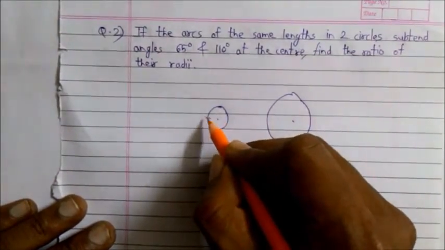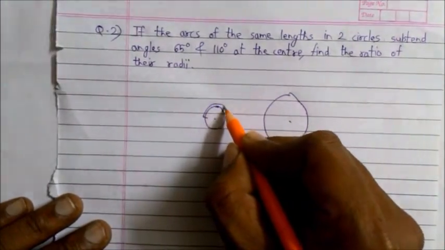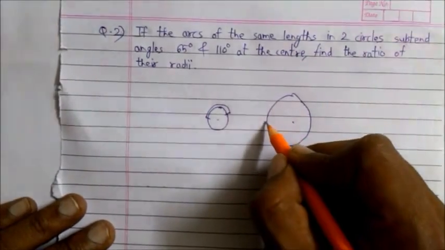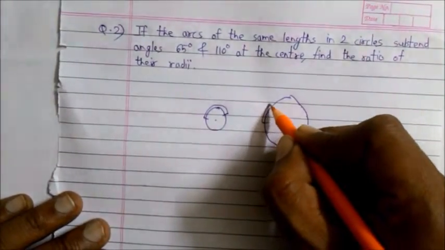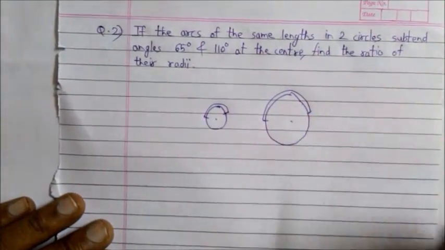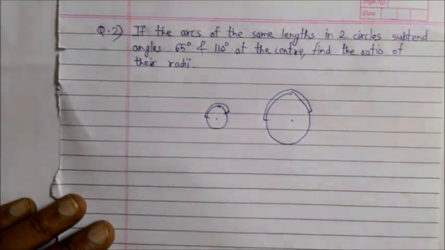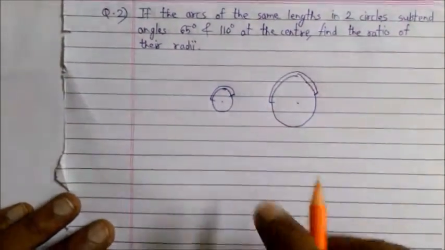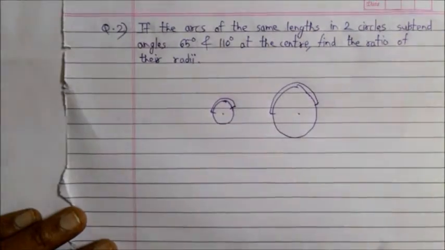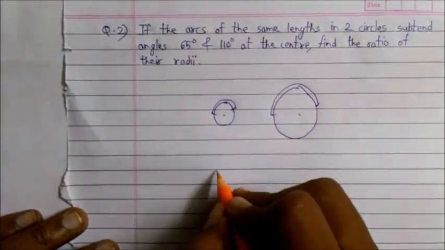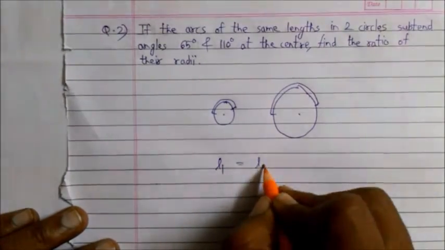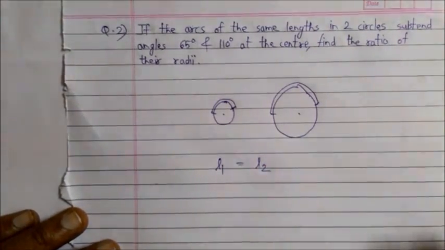Let us say this is my first arc, and let us say this is my second arc, in the second circle. Now the condition is both arcs are of the same length. Therefore, if L1 is the length of the first arc, I can say that L1 equal to L2, where L2 is the length of the second arc.